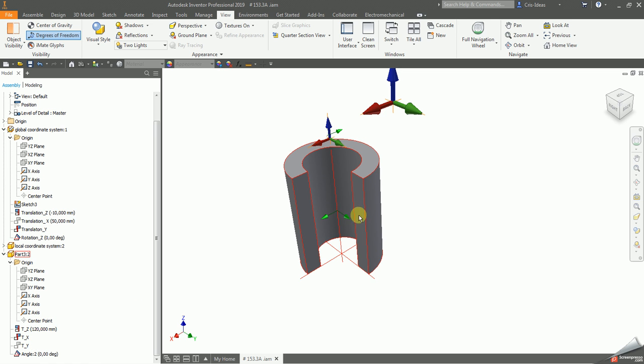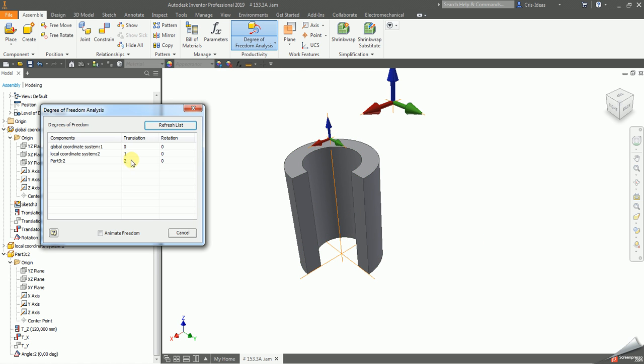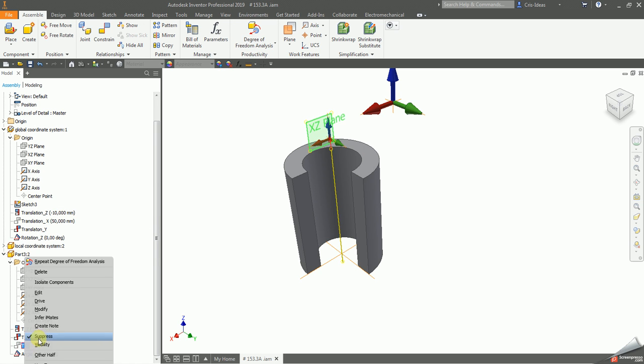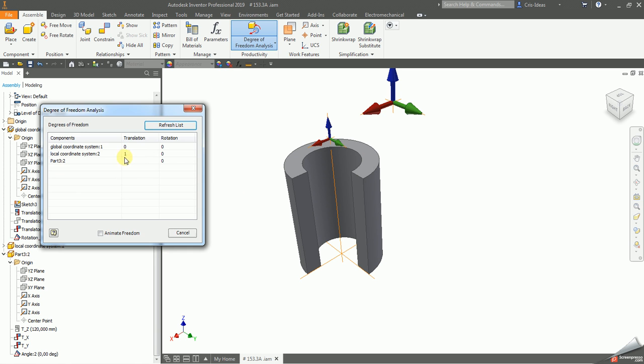So why is it now indicated that this part has 2 degrees of freedom, although X is all the time following this local coordinate system, and Y is in the coordinate system to part relation? How is this situation, when I suppress the Y translation, different from when I suppress the Z translation? Now this part has 2 degrees of freedom, and if I also suppress X, now this part has only 1 degree of freedom.